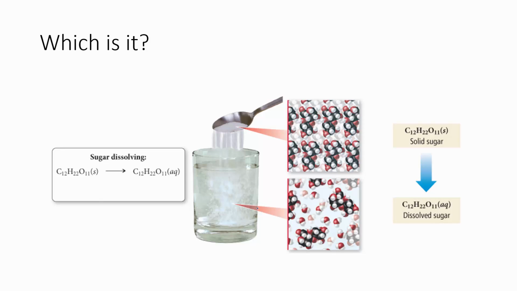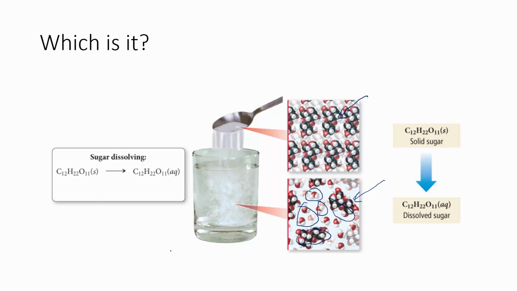Okay, so how about this one? Salt or sugar dissolving in water. So here's our molecular diagram on the right. We have a bunch of sugar molecules and a bunch of water molecules. We know what the two things look like. We mix them together. Here's our original sugar molecules, unchanged. Here's some water molecules, unchanged. So this is which? This is a physical change.